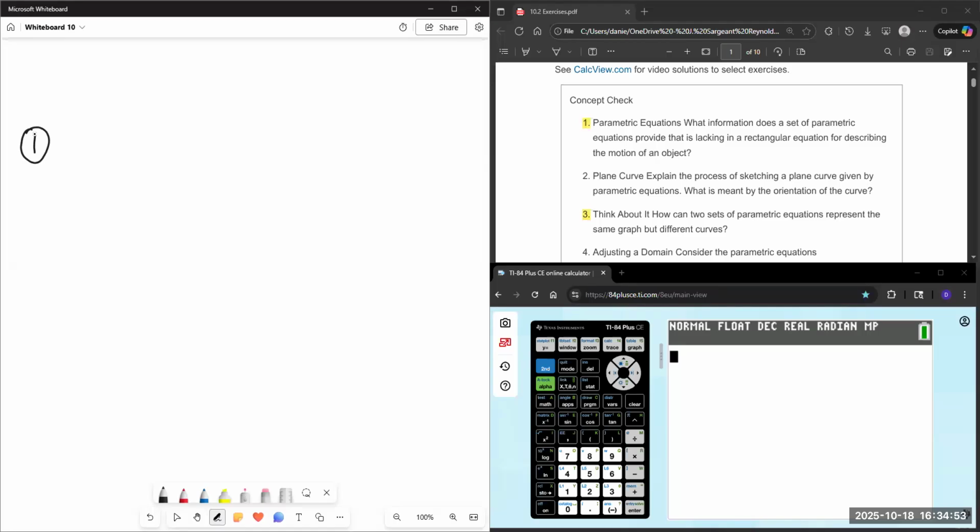We are able to get the position, direction, and speed of the object at a particular time.